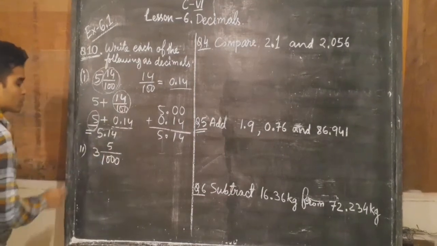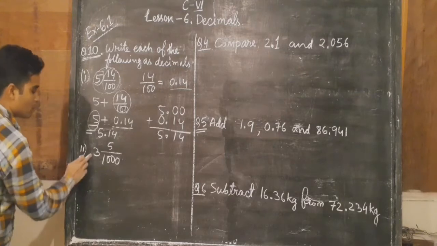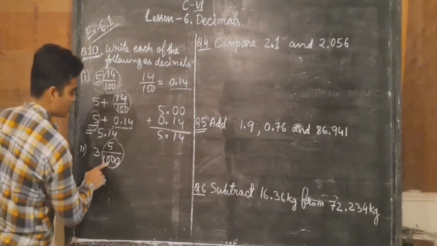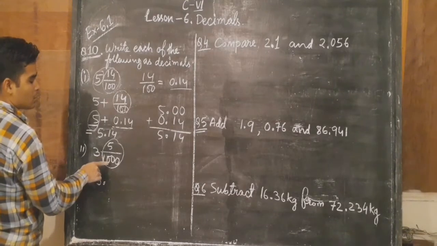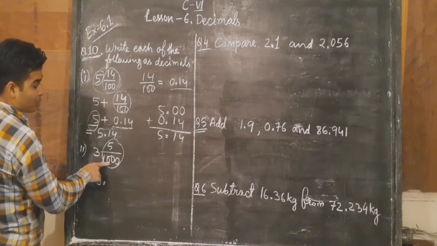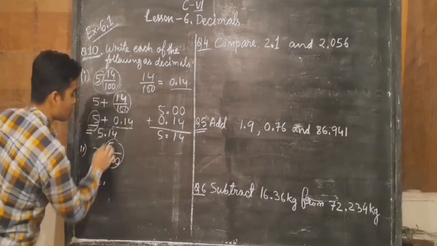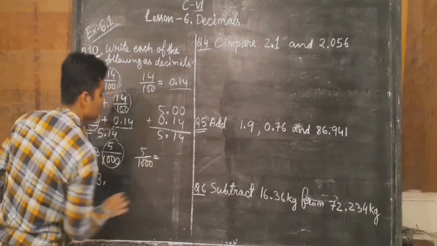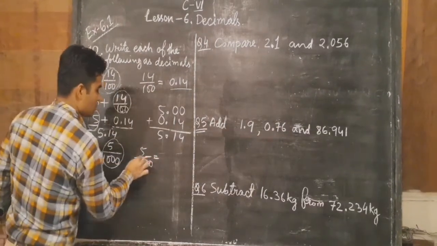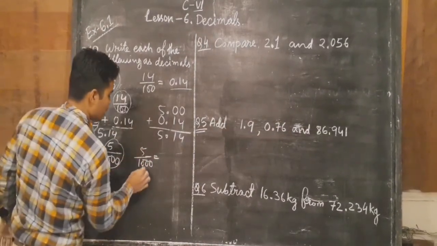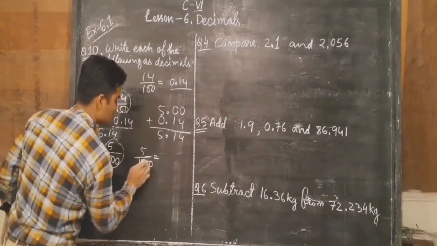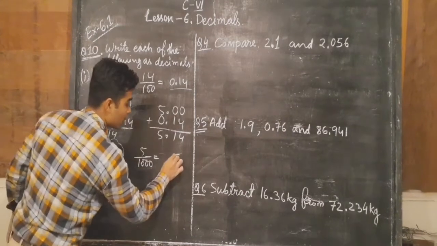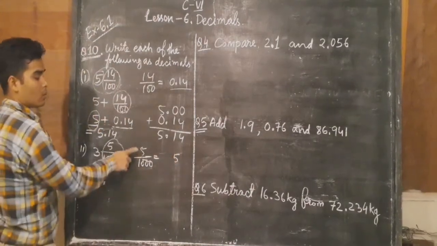Now in this fraction also you can see this number will be in the whole number part, and this is the denominator 1000. So if you convert this 5 by 1000 to a decimal number, then it will have 3 decimal places, because its denominator is 1000, but here we have only 1 digit.